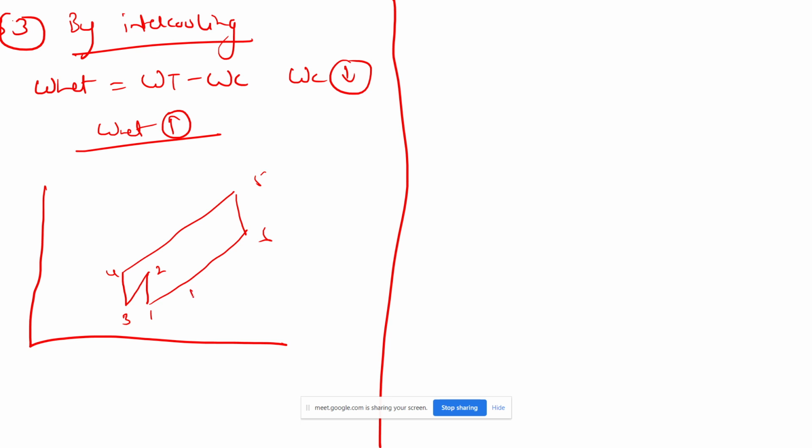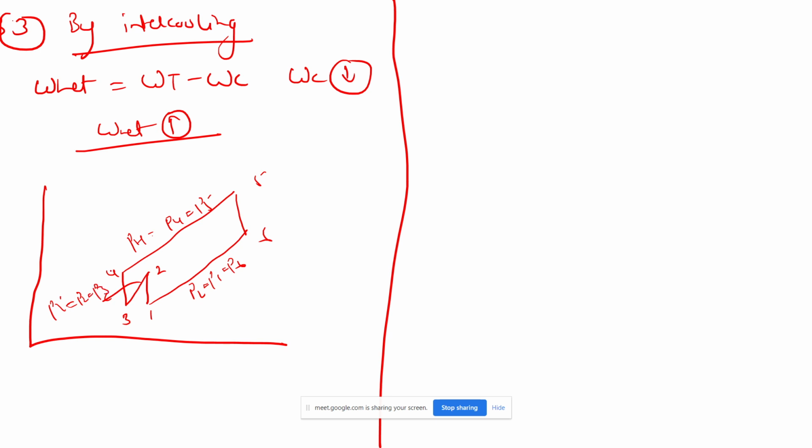So P lower is equal to P1 equals P6. This is P higher is equal to P4 equals P5, and this is P intermediate is equal to P2 equals P3.